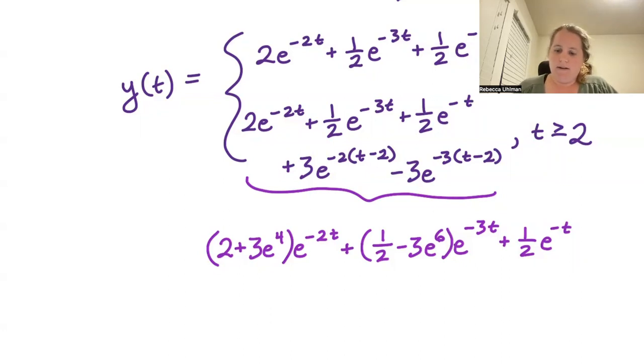So again, essentially, I just did e to the negative 2t times e to the 4 and pulled out the e to the negative 2t, and that left us a 3e to the 4th. Similarly, I did e to the negative 3t times e to the 6th, pulled out that e to the negative 3t, and we were left with a negative 3e to the 6th.